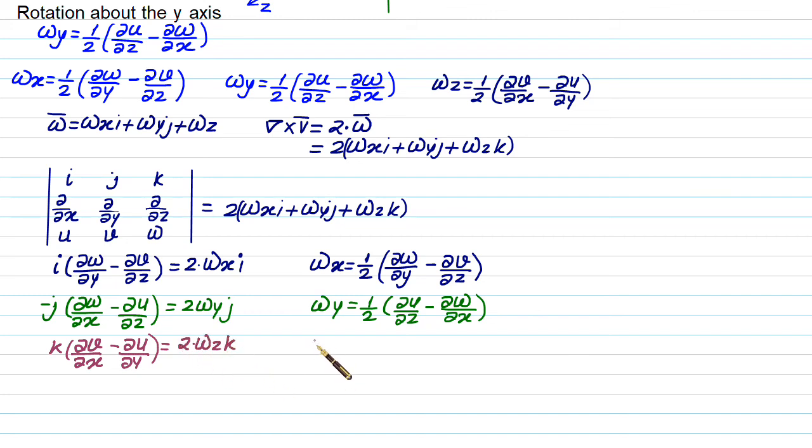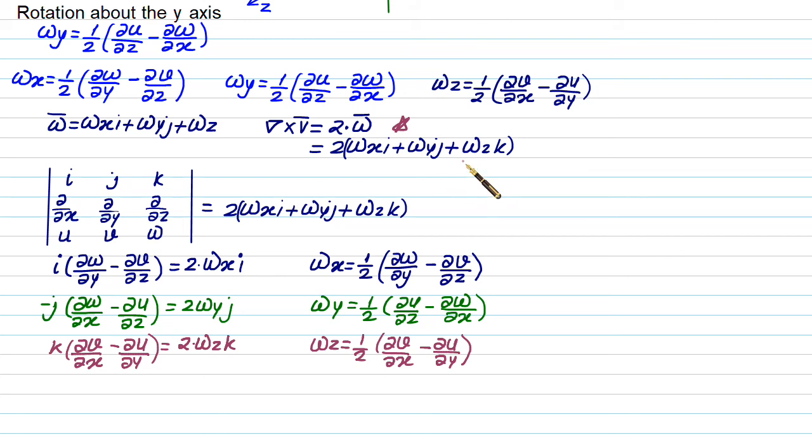So we will get omega z equal to 1 by 2 of del v by del x minus del u by del y, the same expression again, that is this equation. So best is to remember this equation and then solve this and compare it with the i coefficient, j coefficient and k coefficient, and you can comfortably write down omega x, omega y, omega z. That is the curl you have to equate with 2 times of omega x i plus omega y j plus omega z k.